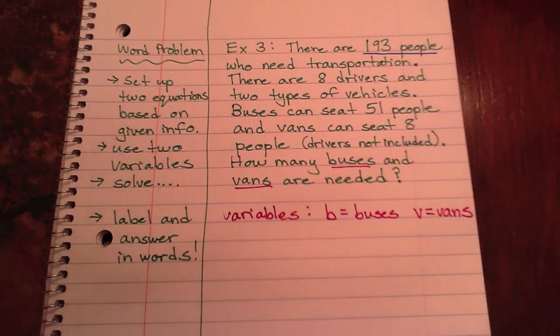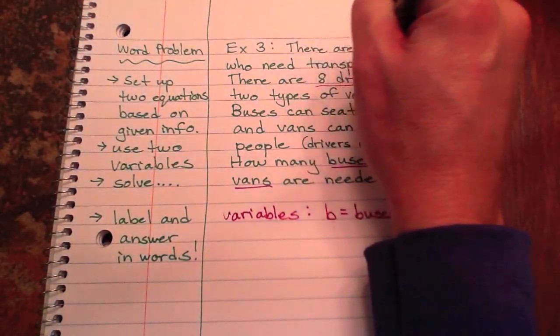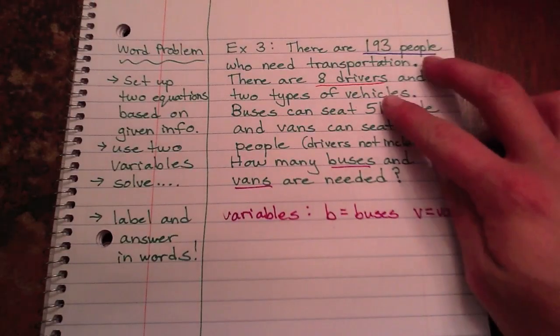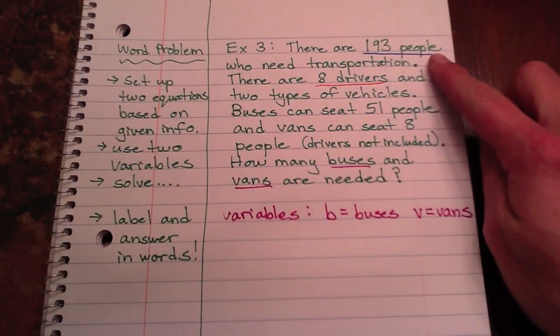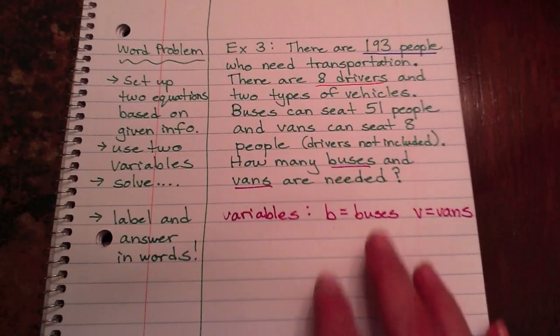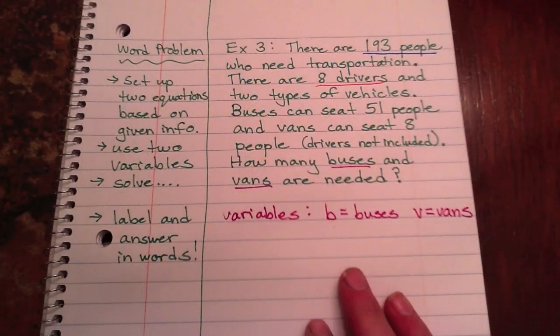I'm going to go ahead and underline this in orange. Hopefully it's enough color difference in your video. What I'm looking for here is I notice 193 people, and for those of you who went on the Universal Studios field trip, I basically had to use a system of equations to figure out how many buses I needed because of how many people I had driving.